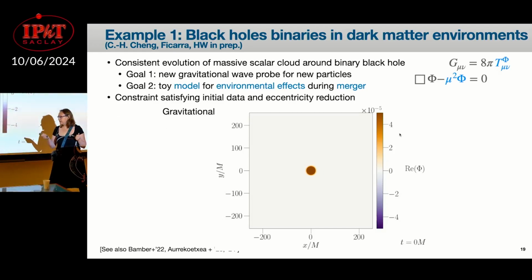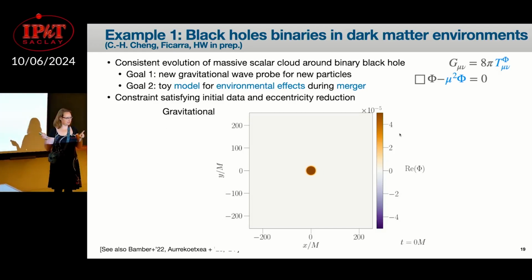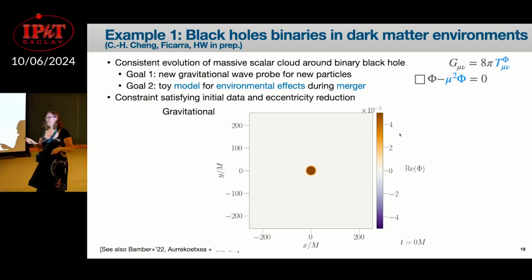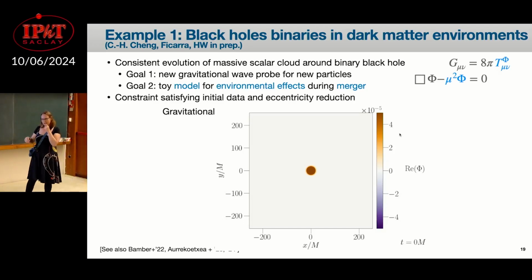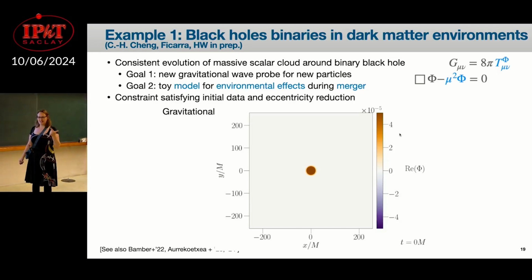And what I will show you first, you have a question, Roberta? No, okay. So what I want to show you first is actually the evolution of the scalar field in the XY plane. Maybe something to note is that I use geometric units. So speed of light equals 1, Newton's constant equals 1, which means I measure distances and time in mass of my total object.